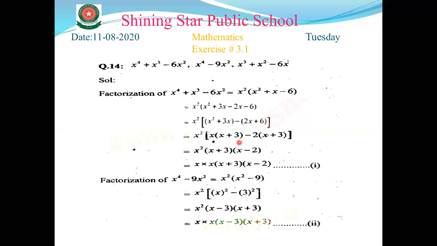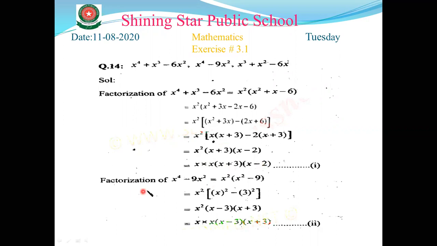Now when we take the common x plus 3 from these two terms, it will give you x plus 3 and x minus 2. So your answer is x multiplied by x plus 3 multiplied by x minus 2.